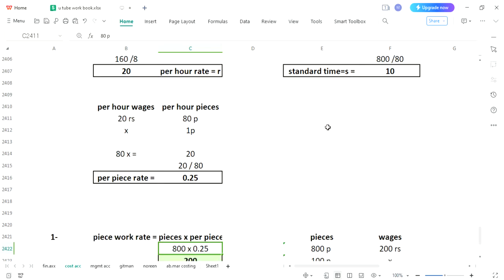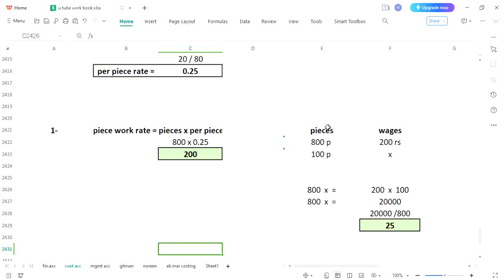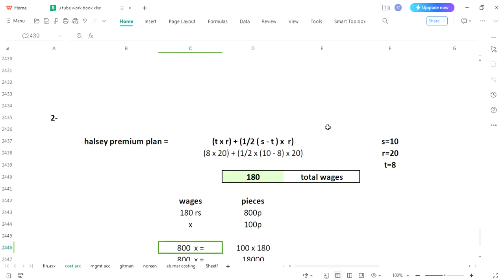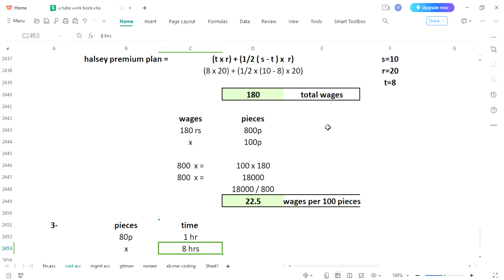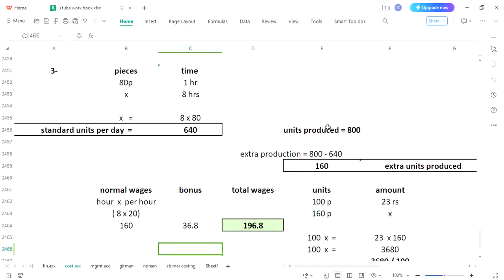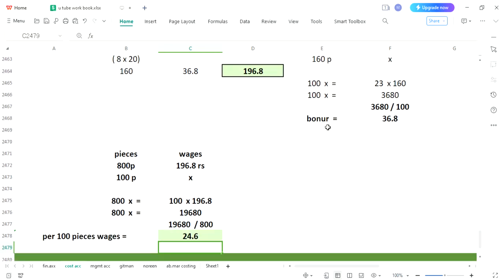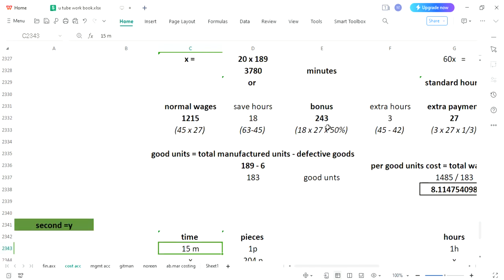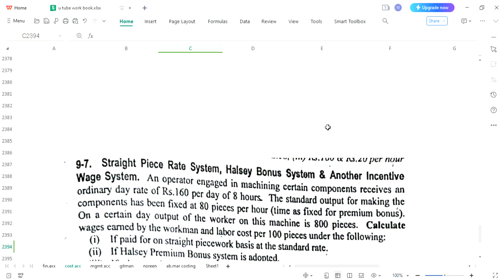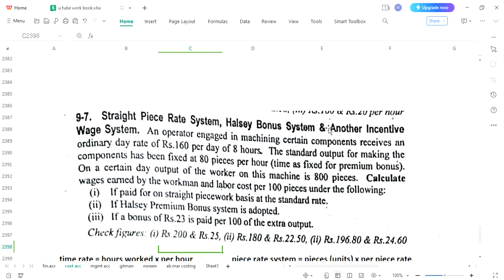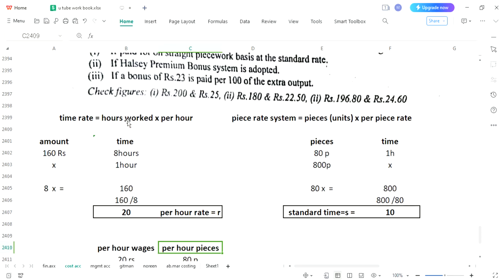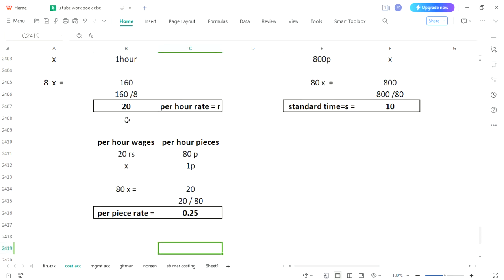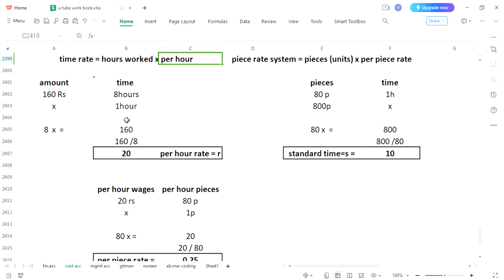Look at here, this was our volume of question. First answer 225, second answer 180 and 22.5, third answer 196.8 and 24.6. So in this way our question has been completed. We have solved question number 9.7, and I'm very hopeful that you have understood. The only request is to make yourself master of this unitary method.